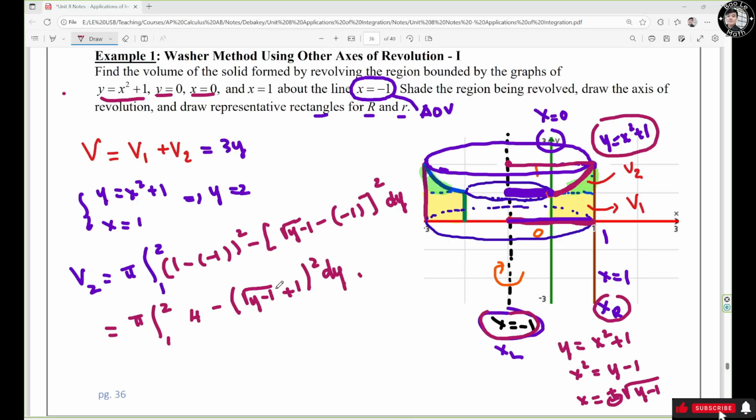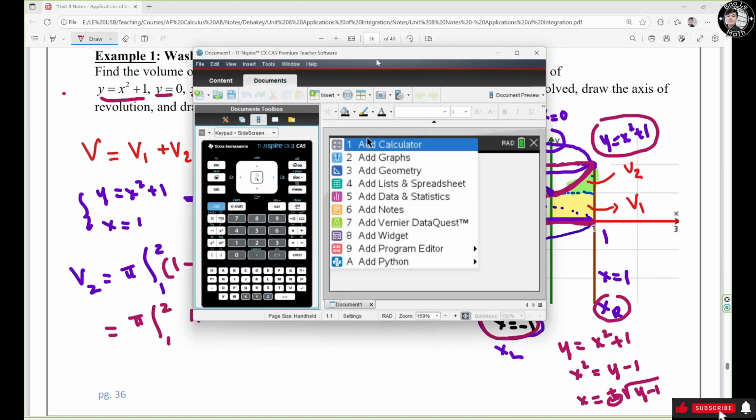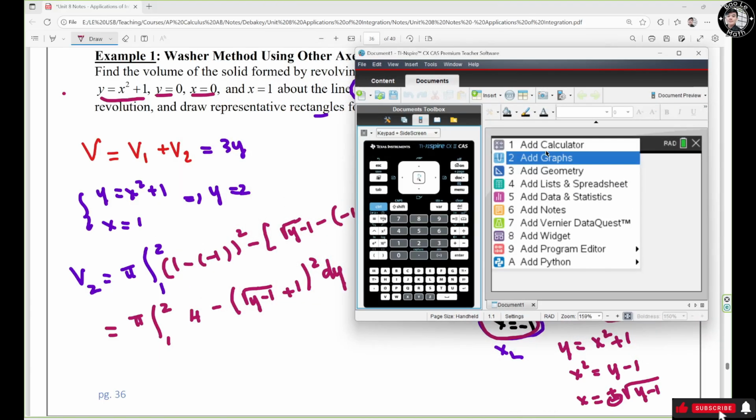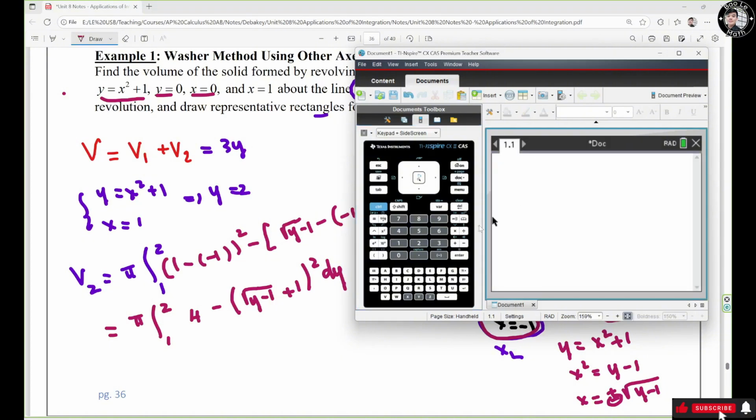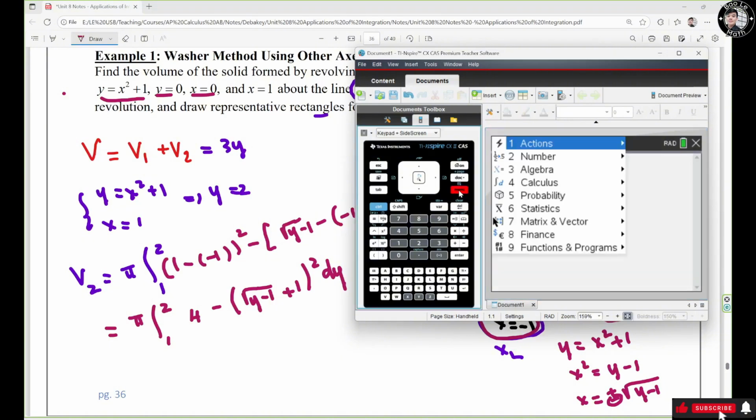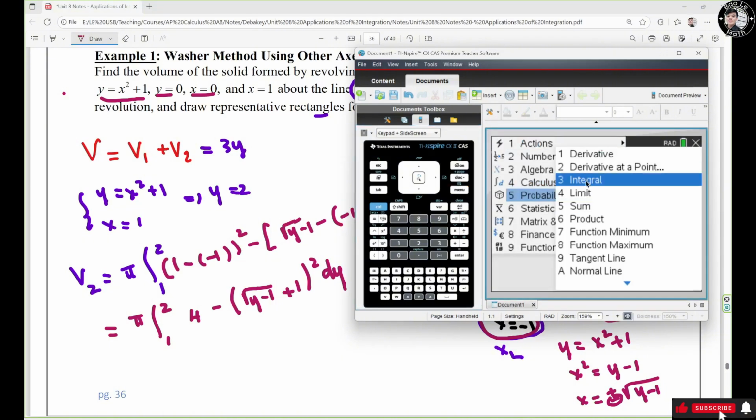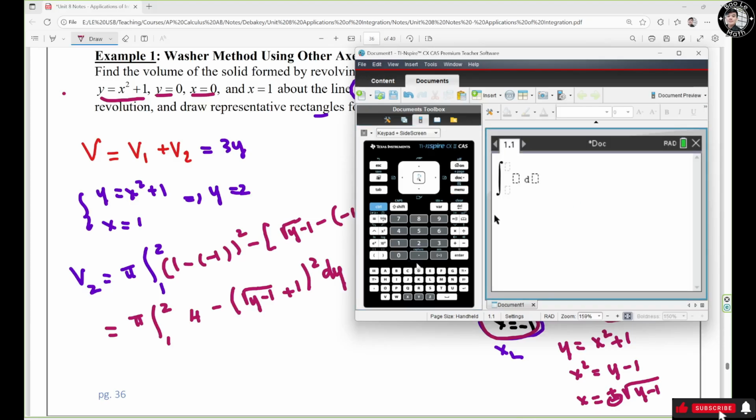Now to find the answer for this one, you can calculate it by hand, or you can use a calculator. So I'm going to pull up the calculator to calculate this faster. I'm going to add a calculator and press menu, calculus, integral from 1 to 2.